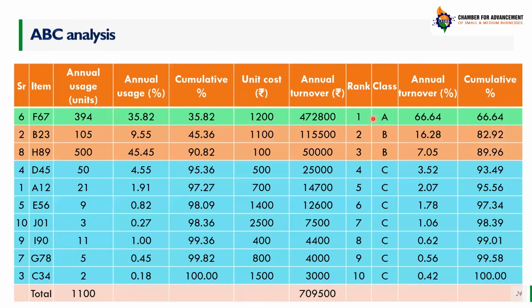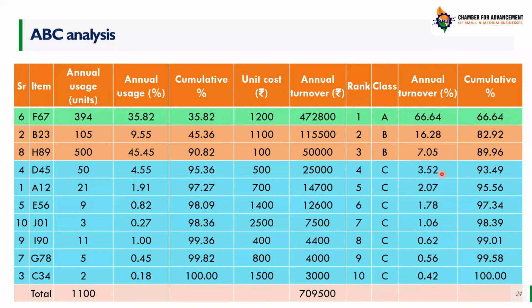So this ABC analysis is working well here. 10% of the items, that is one item, giving us 65% of the turnover, 20%, that means two items, giving us 25% of the turnover, and the remaining 7 items giving just 10% of the turnover. So this is ABC analysis.